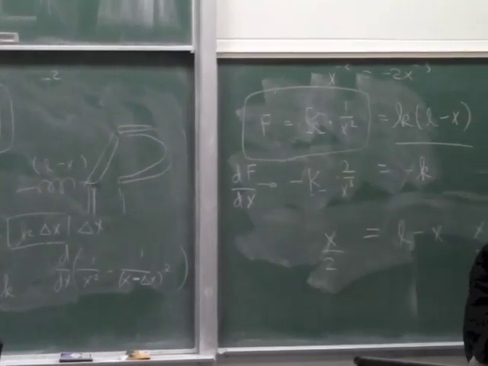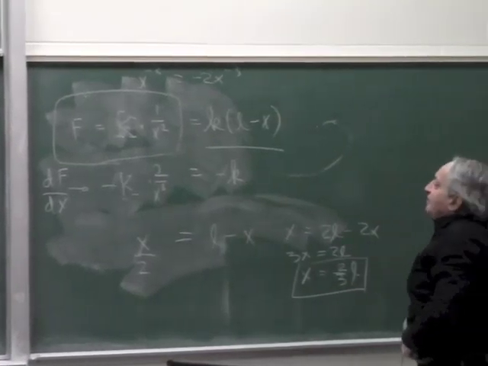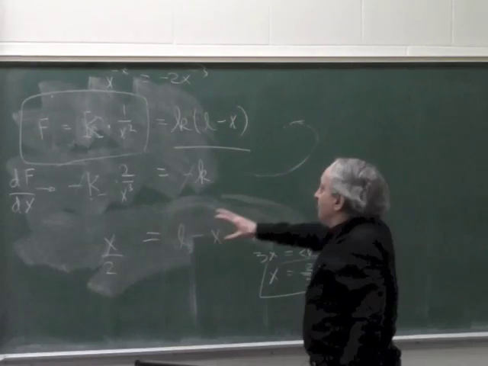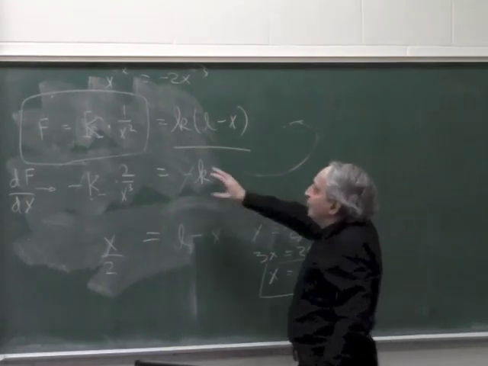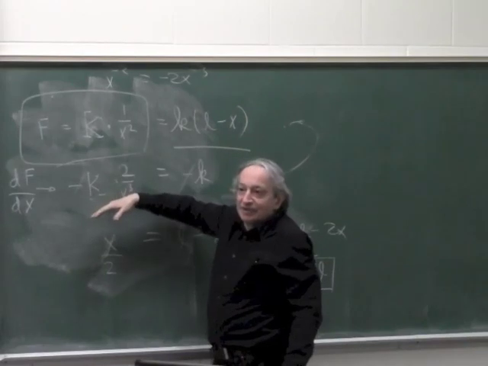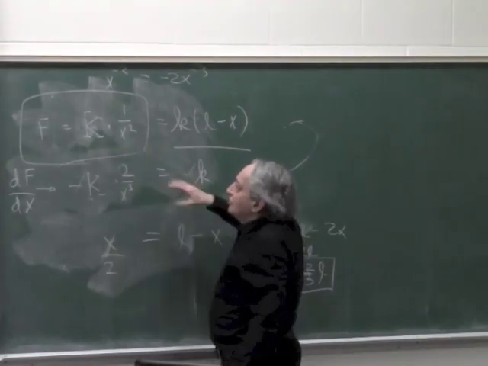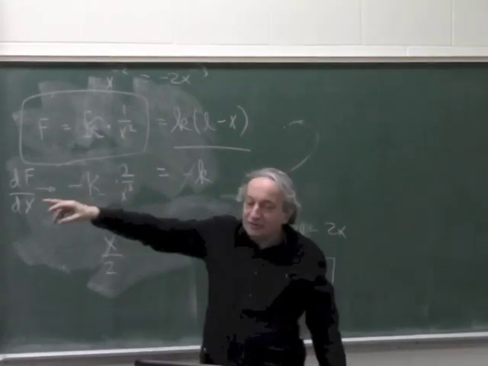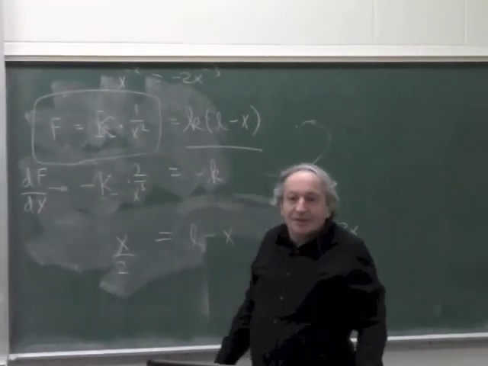So any actuator which is called an inverse square actuator, this derivation is valid, because I didn't use here any property of K. Matter of fact, K cancelled out right away. So this derivation is not a function of K. But because of this, the derivation is valid also for electrostatic actuators.